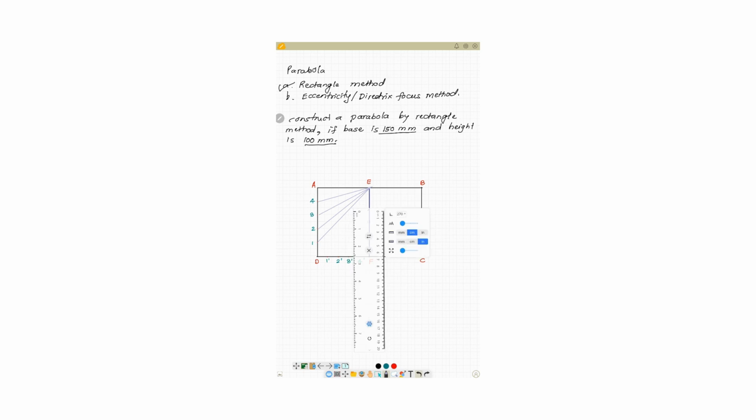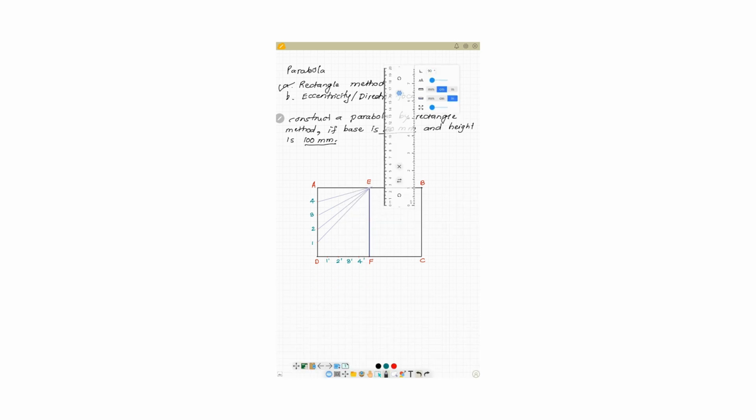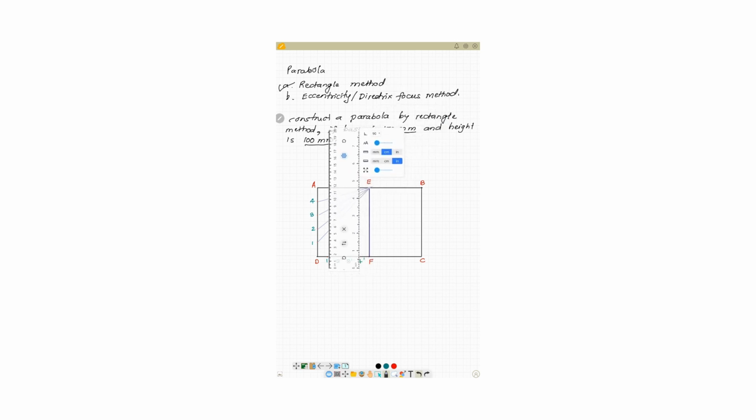That is, I'll adjust the scale. So I'll just move my scale over this point number 1, and I'll need to draw a vertical line from this point here.